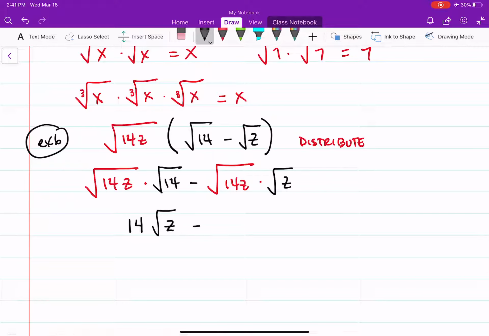Minus, over here I'm going to have square root of 14 times the square root of z times the square root of z, and square root of z times square root of z is just going to be z. And the 14 is going to be left alone, so that's going to be inside. These two are not like radicals. And if I was trying to break down 14, that doesn't really matter because, number one, it doesn't break down anymore. Number two, it wouldn't get me the z as a radicand. So therefore, this would be my answer.